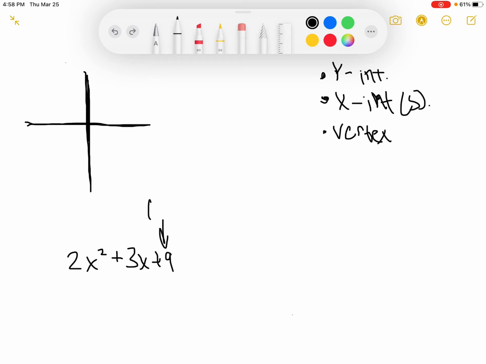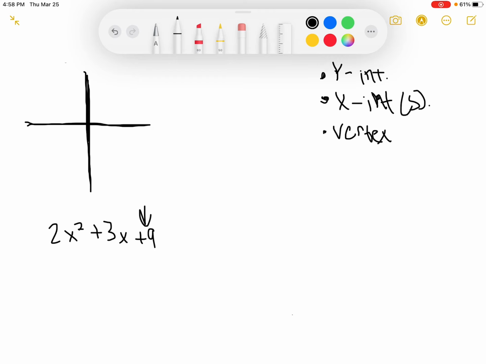But sometimes you don't have this form. You'll have a different one that doesn't look like this, that's vertex or factored. And in that case, what you have to do is plug in x for what it would be at a y-intercept. Anytime we have a y-intercept, x is 0, so we just plug in 0. Even if you didn't know that was the y-intercept, if you plug in 0, you should get what it is.